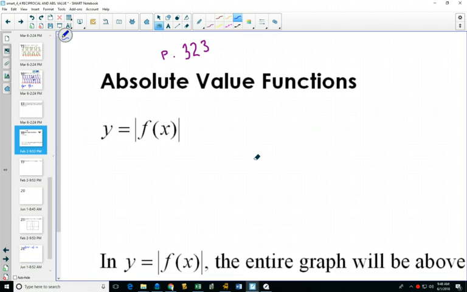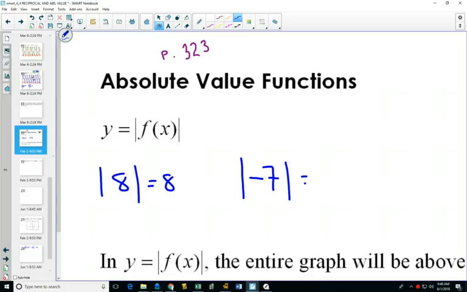Well, first a recap of what does an absolute value bar do. If you do an absolute value bar, absolute value of a positive number, what do you get? It stays the same. And if you do the absolute value of a negative number, negative 7, it becomes 7. Now, absolute value bars are really a mathematical notation for distance.